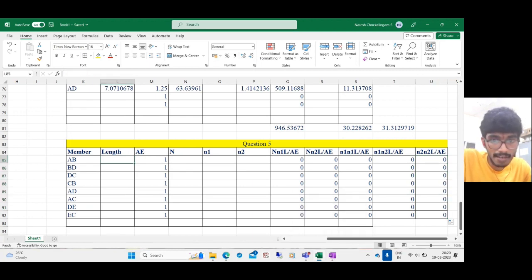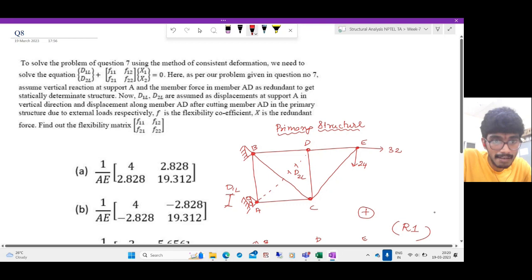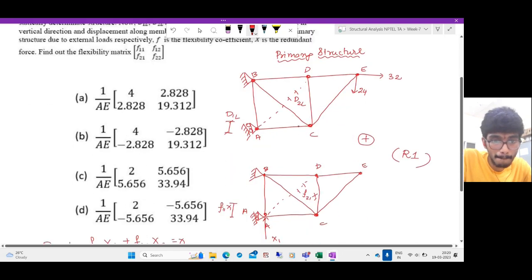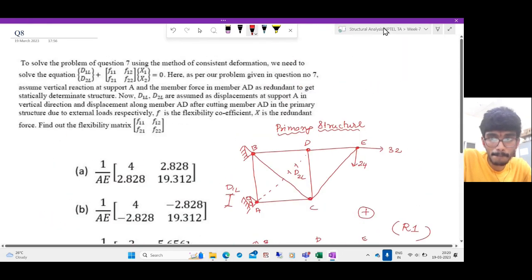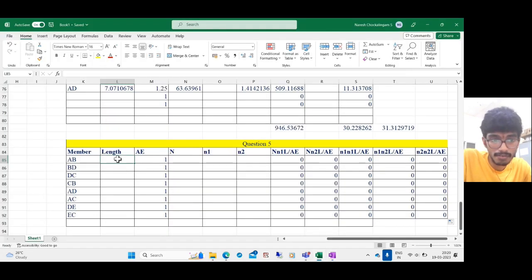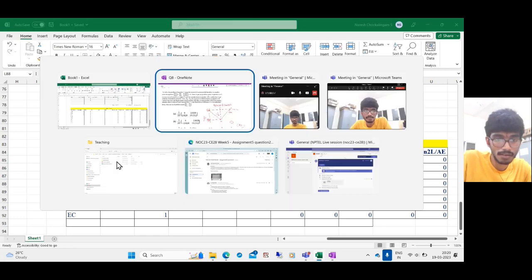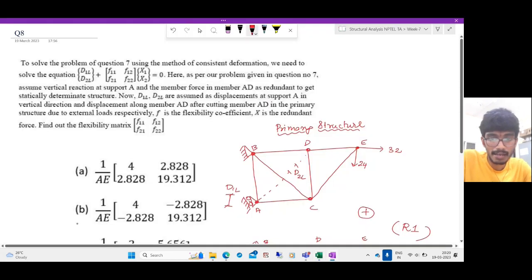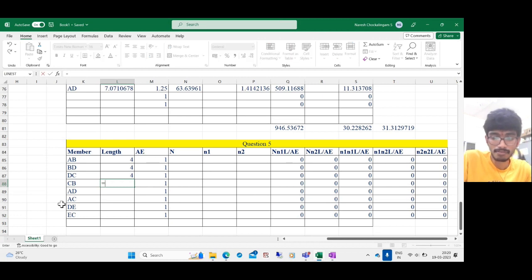Now let us fill in the length values. What is the length of AB? It is 4 meters. So AB, BD, and DC are 4 meters as usual. CB and AD are 4√2 meters.